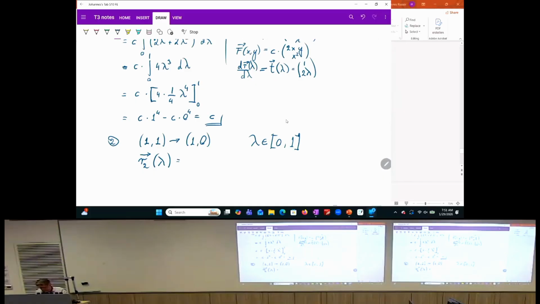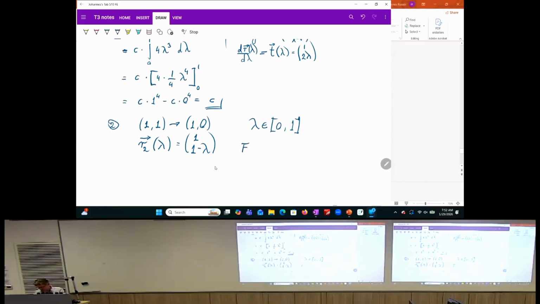That means we have a constant x, which is 1, and the y is varying with lambda. So we start at 1, 1 and go down to 1, 0. So we subtract here lambda. If we start with lambda 0, then this is 1, 1. And if we reach lambda 1, then this becomes 1, 0.